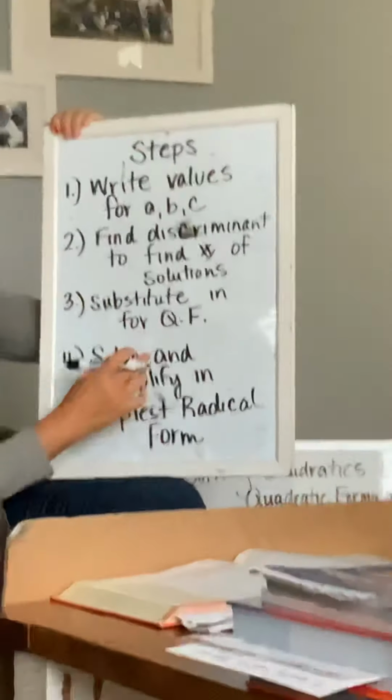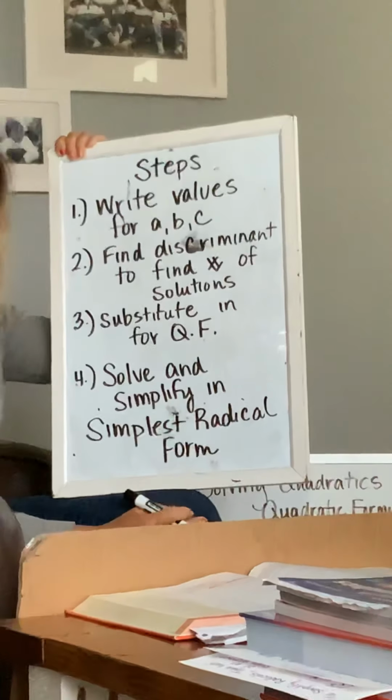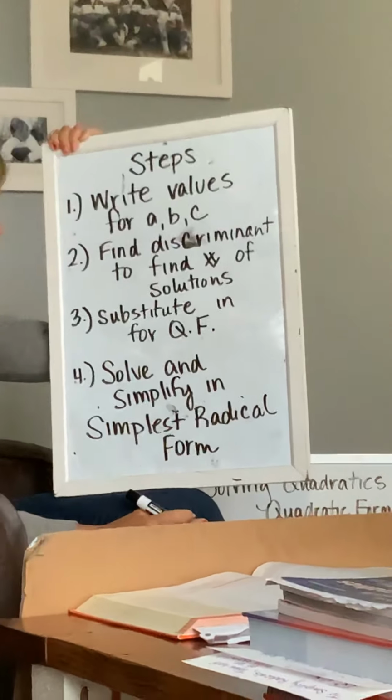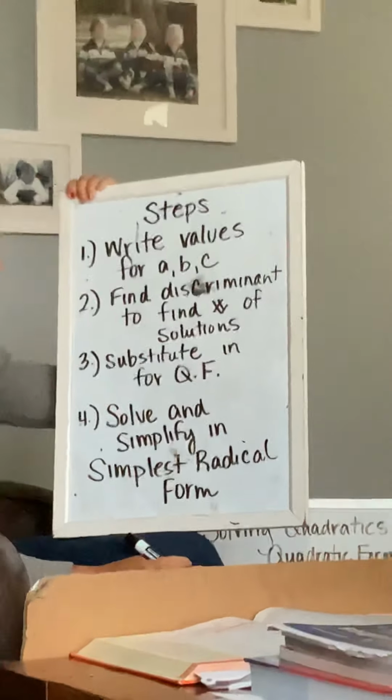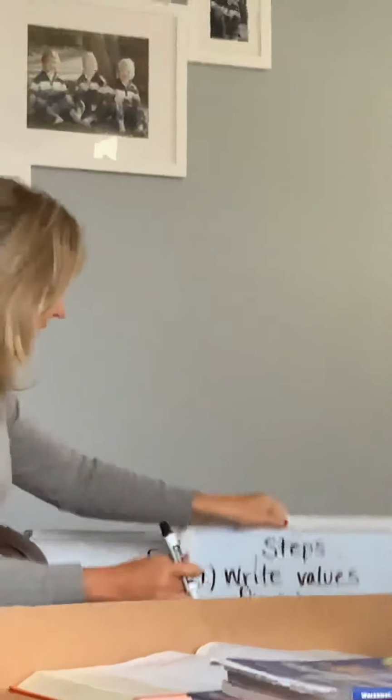And then 4, solve and simplify in simplest radical form. So put it in simplest radical form. So you guys can pause the video if you need to keep writing those down.